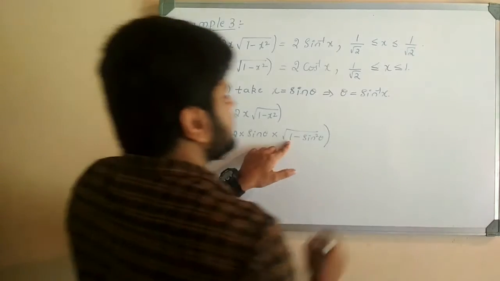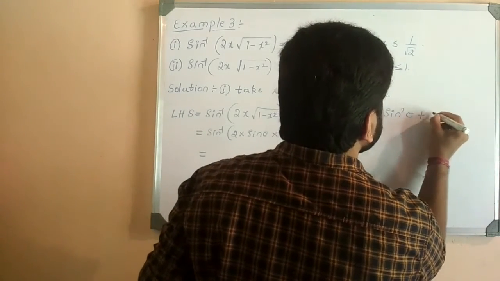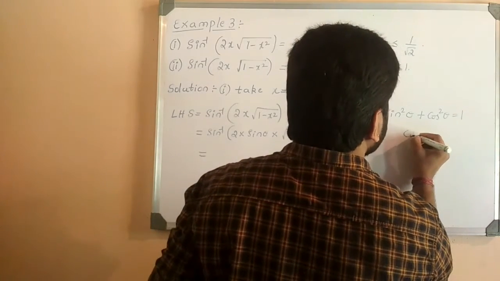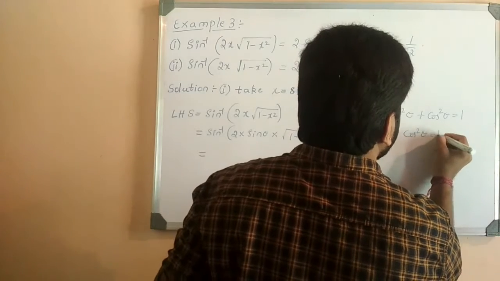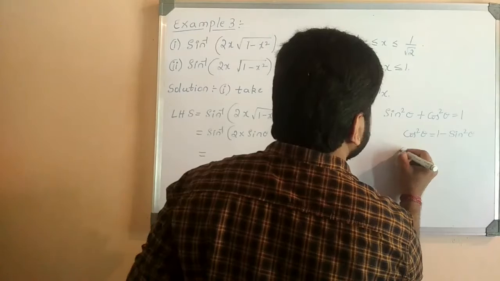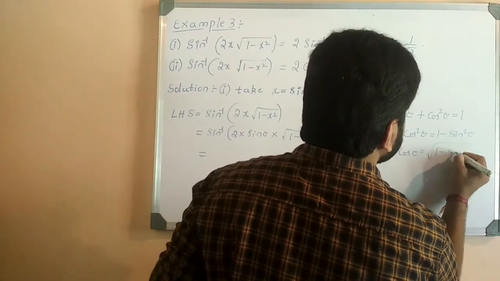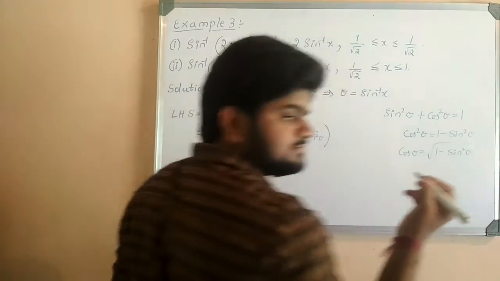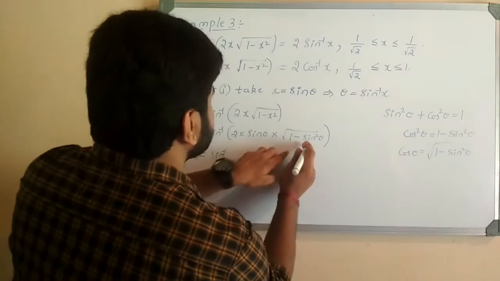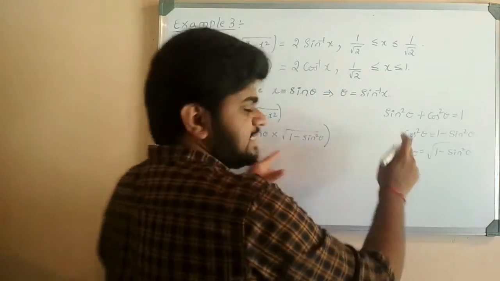So here always sin square theta plus cos square theta is equal to 1. So cos square theta is equal to 1 minus sin square theta. Cos theta is equal to root of 1 minus sin square theta. So here sin inverse of, just replace root of 1 minus sin square theta is equal to cos theta.